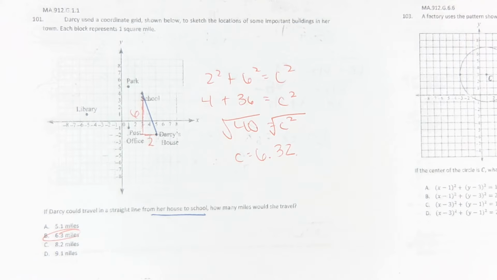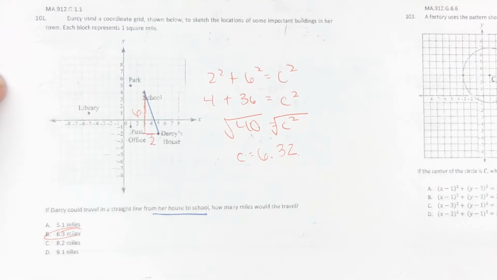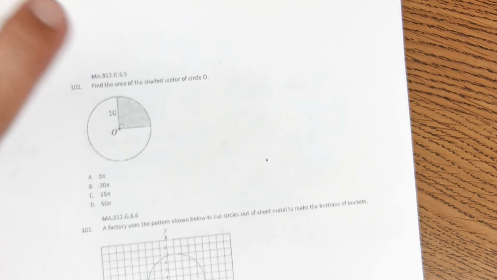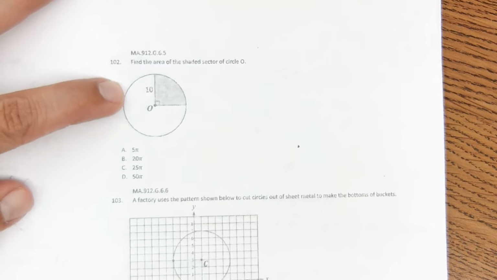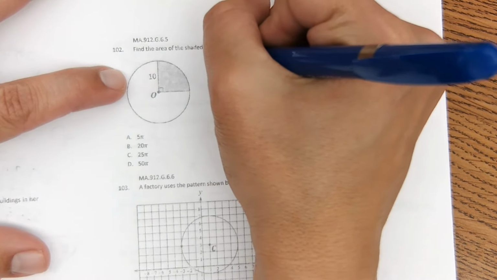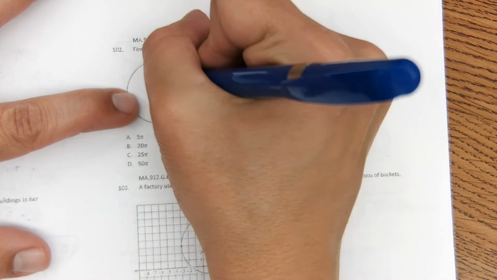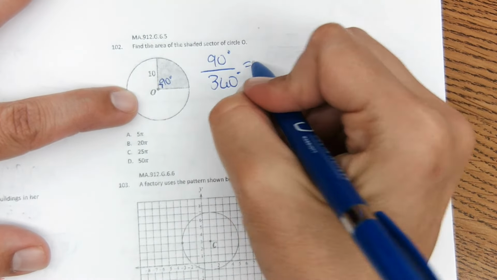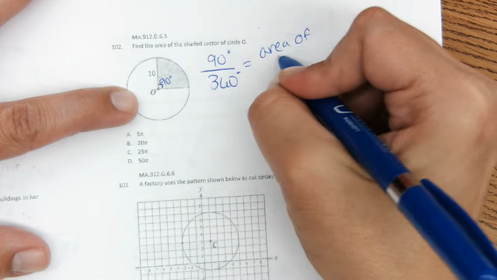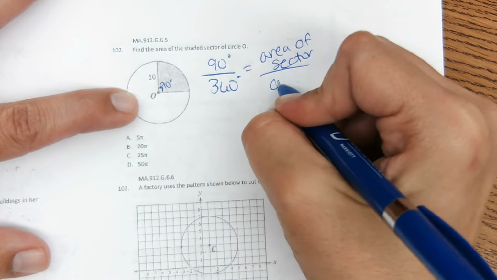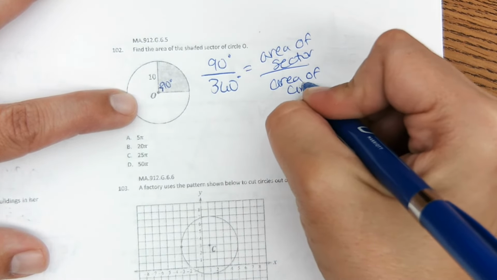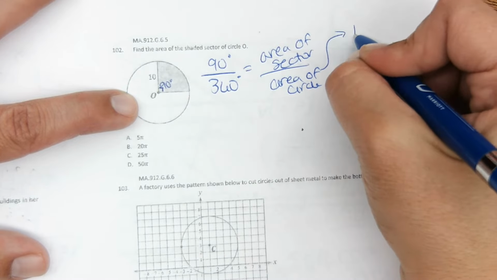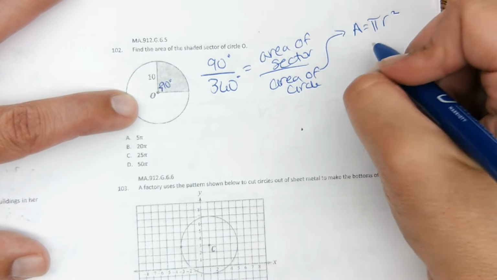Thank you. Next. Find the area of the shaded sector of circle O. So remember, it's the degrees, which shows a 90 degree angle here, over 360, equals the area of the sector over the area of the circle. The area of the circle, area equals pi r squared.